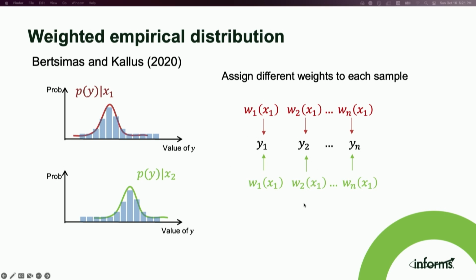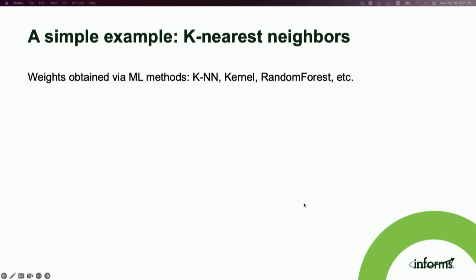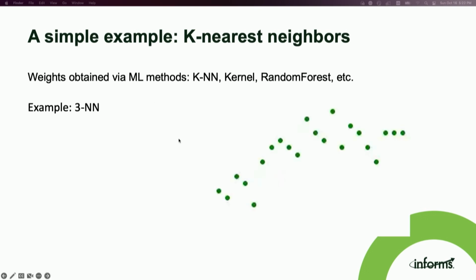So let me give you a simple example. The beauty of this idea is that multiple machine learning methods can be applied to construct the weights. Let me give you a simple example with k nearest neighbor when k equals 3. Suppose that this is the feature space, and it is two-dimensional.